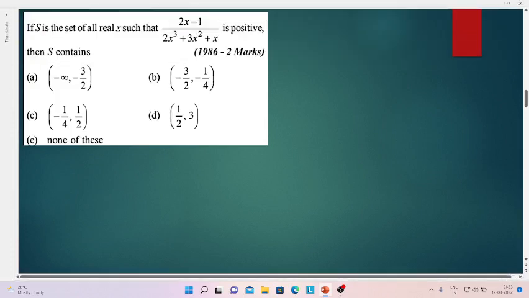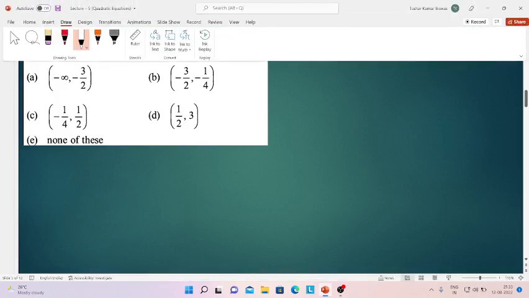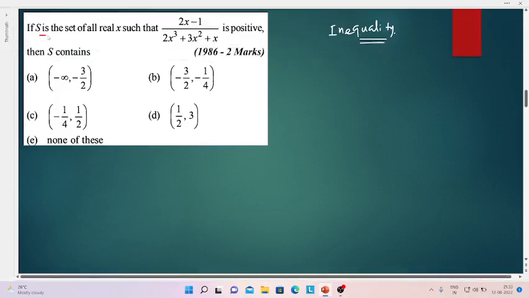This is a question on inequality. It is not a quadratic equation question, but sometimes you can say it is a question of inequality. So let me solve this question. Here it says that S is the set of all real x such that (2x minus 1) upon (2x cube plus 3x square plus x) is positive.